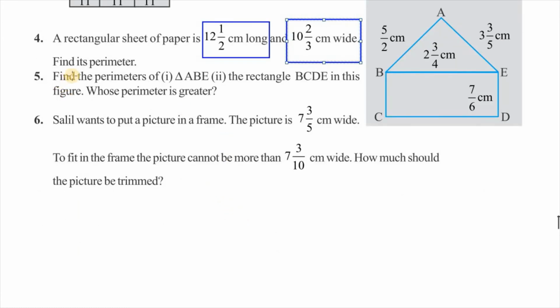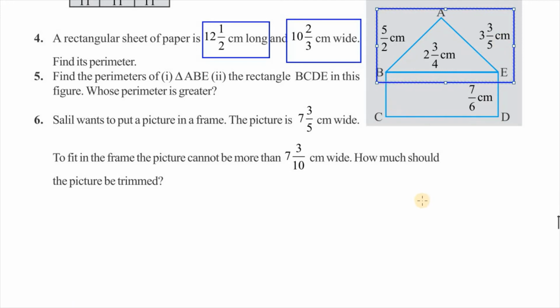Let us try question number 5. Find the perimeters of triangle ABE and the rectangle BCDE in the figure. Whose perimeter is greater? So here we have triangle ABE and AB is equal to 5 by 2 centimeters, BC is equal to 3 by 5 centimeters and AE equal to 3 by 5 centimeters.